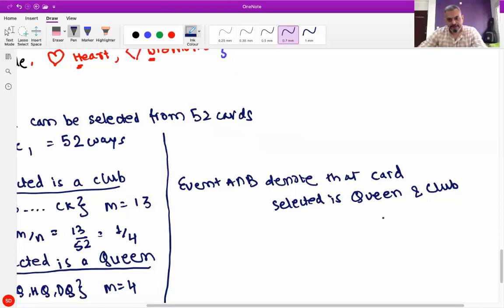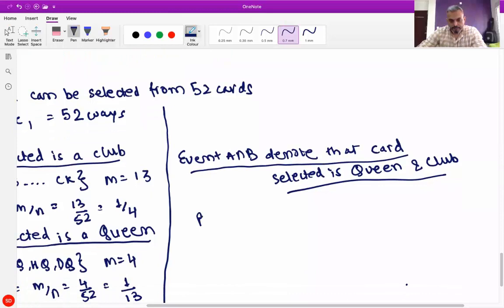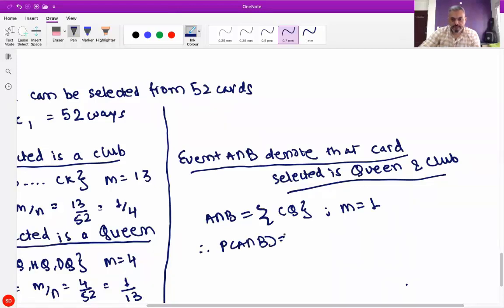Okay, we can say like that also. Now over here, A intersection B is equal to queen of club is only one card. So M is equal to 1. So therefore probability of A intersection B is equal to M upon N, which is equal to 1 by 52.